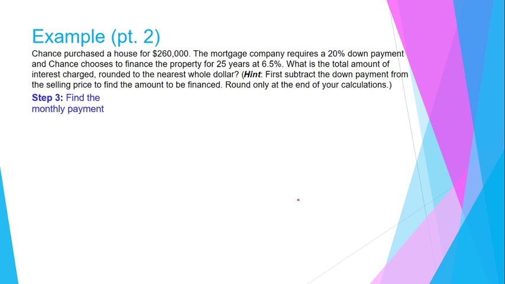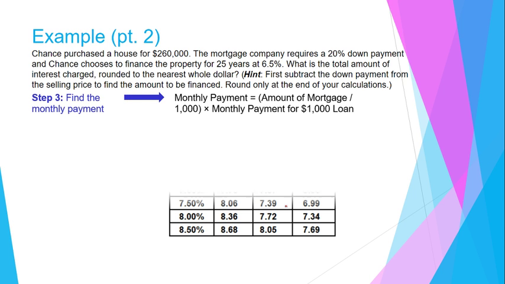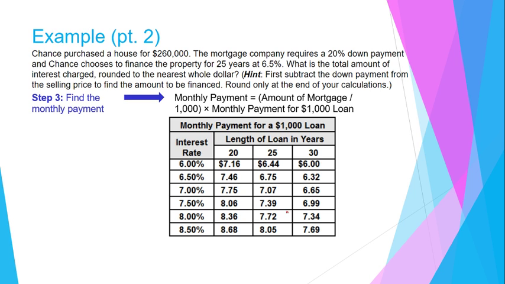Step 3, same thing, find the monthly payment. We're using the table again, except this time we're looking at 25 years at 6.5%. So look at the column for 25 and the row for 6.5. We get 6.75.